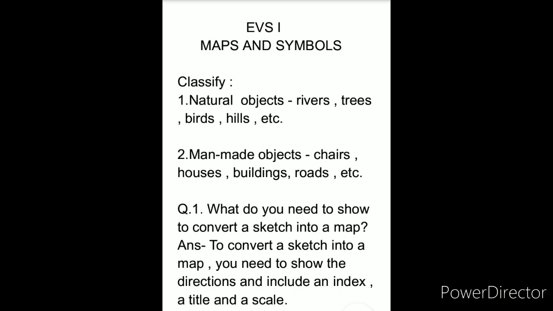Classify natural objects: rivers, trees, birds, hills, etc. Man made objects: chairs, houses, buildings, roads, etc. What do you need to show to convert a sketch into a map? To convert a sketch into a map, you need to show the directions and include an index, a title, and a scale.